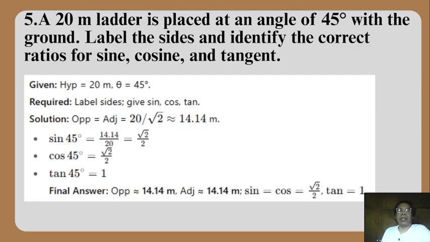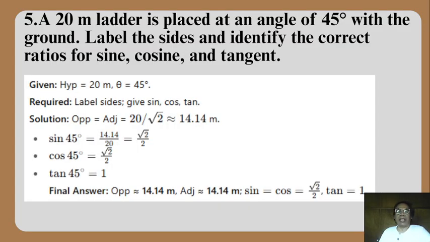Sine 45 degrees is equal to cosine 45 degrees, having a value of square root of 2 over 2. And then the tangent of 45 degrees is opposite over adjacent, 14.14 over 14.14. You will be getting 1.